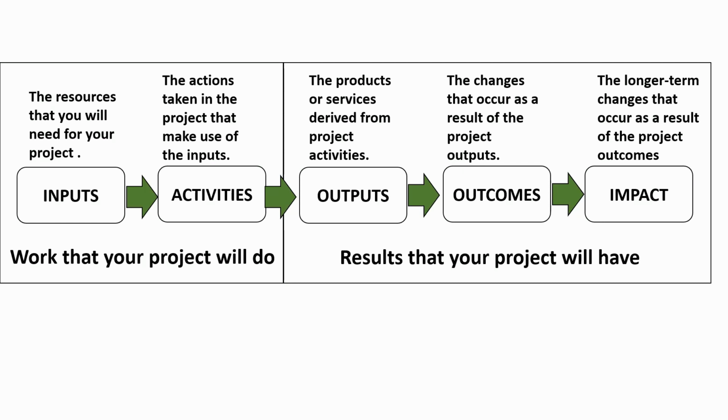It will move your community or your country in the direction of that impact. So just to be clear here, the outcomes are the things that you're taking responsibility for. So when you set your outcomes, make sure that you're ambitious but realistic. And the impacts, these are the broader changes in society that your outcomes will contribute to.